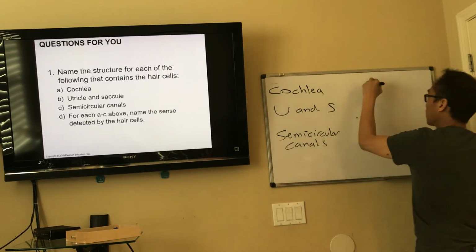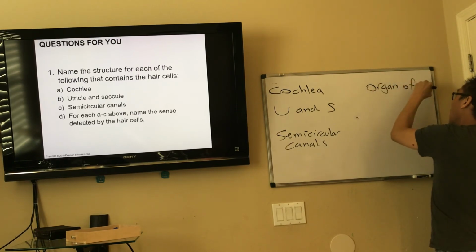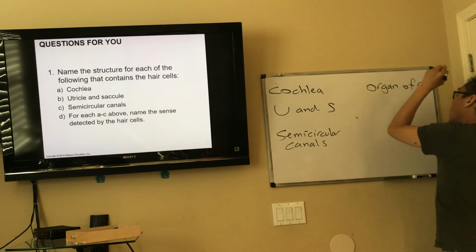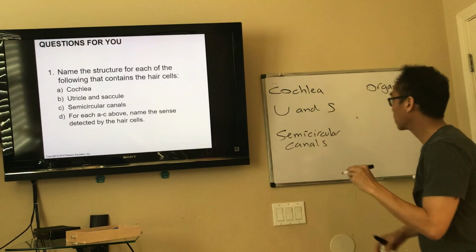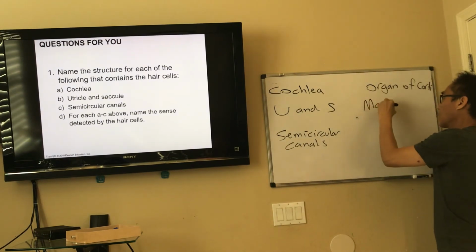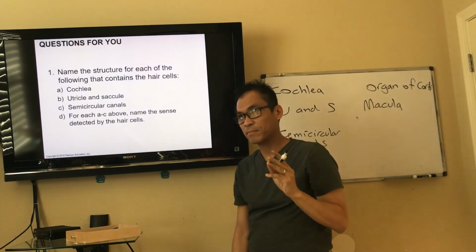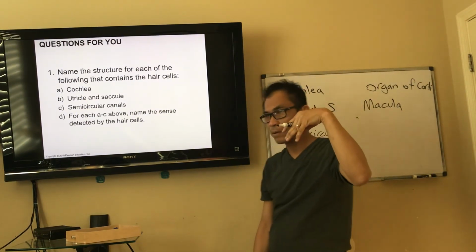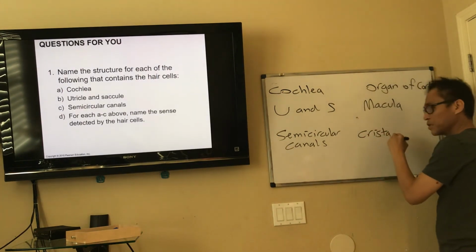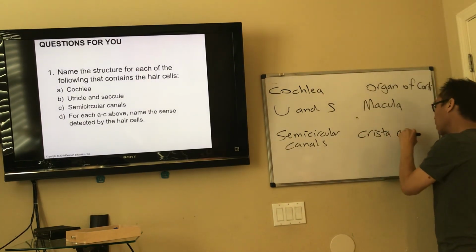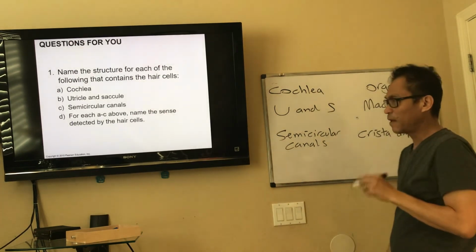For the cochlea, organ of Corti. For the utricle and saccule, macula. Semicircular canals, it's that crista ampullaris with the cupula. I'm going to stick with crista ampullaris. Those actually have the hair cells.